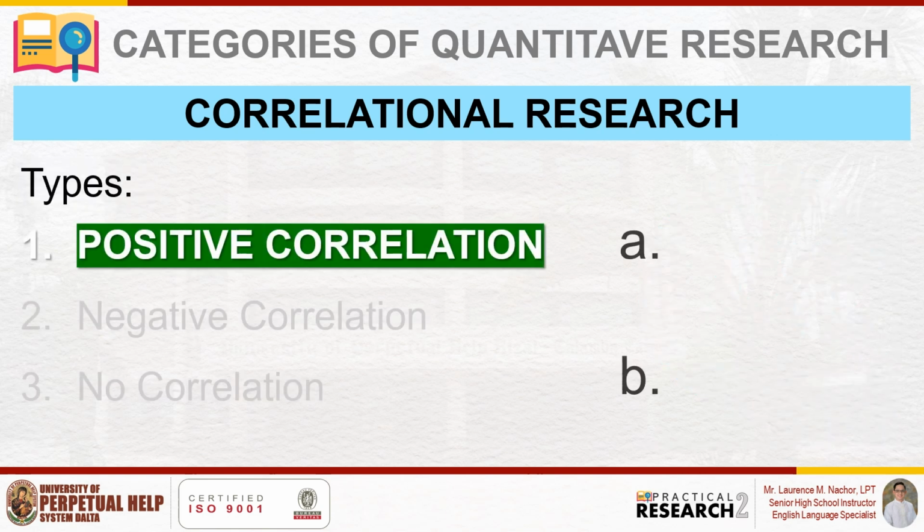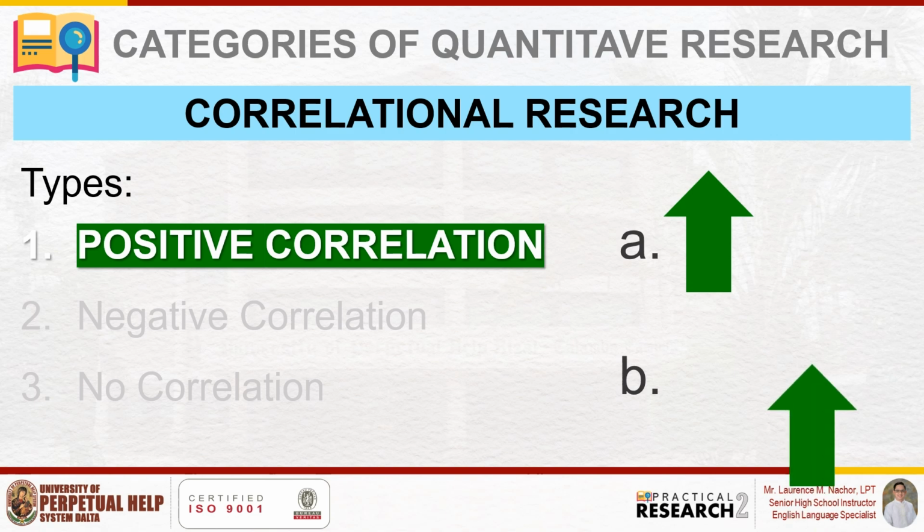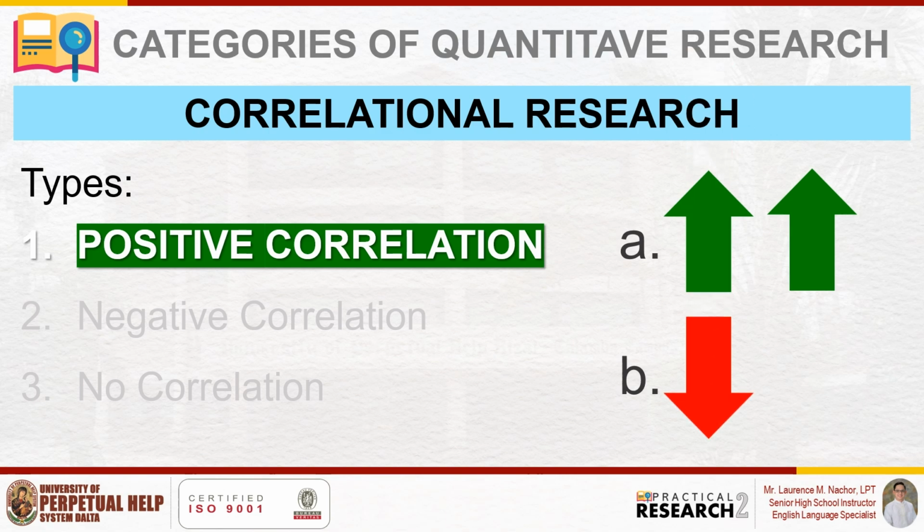So the first one is positive correlation. So here, when one variable increases, the other variable also increases. And when one variable decreases, then the other variable also decreases. So it only means that under positive correlation, there is this direct proportion, or they are directly proportional.